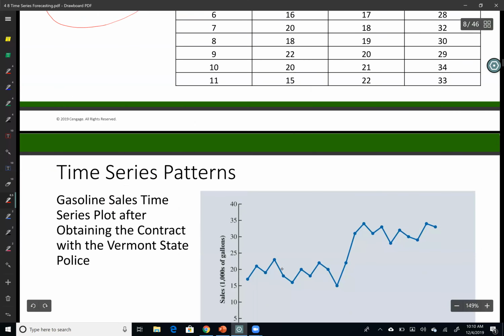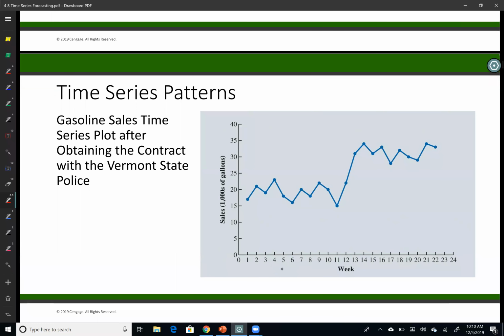And if I draw the graph, as you see here, our first time series data is around 20, but then the second one is around 30, because again there is a big jump from here to here because of the police department contract.